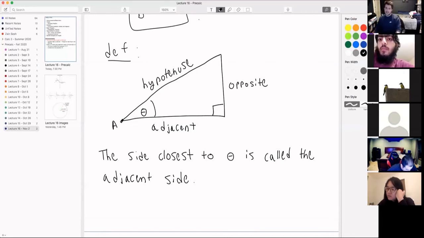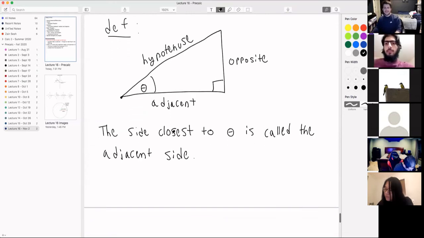If you label the vertex A, you could refer to this as angle A, sure. But I think what we will mostly be doing is having it labeled how I have it. You put it inside the triangle with a little arc, like that. But yes, the way you said it, it will be seen like that sometimes. But here, this will just be angle theta.